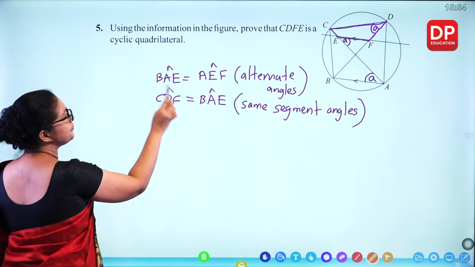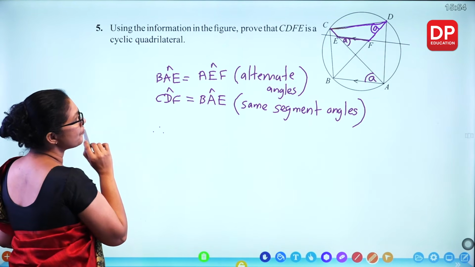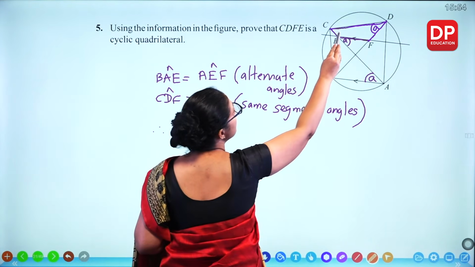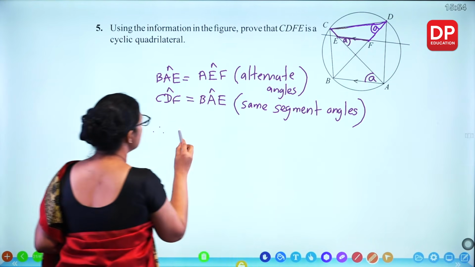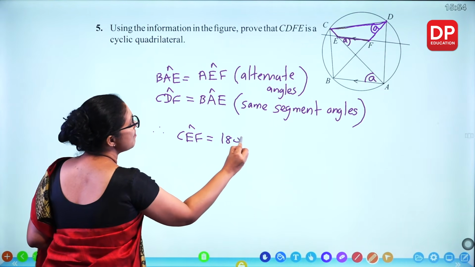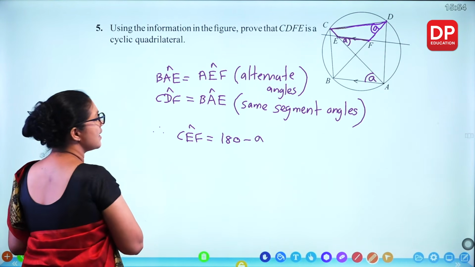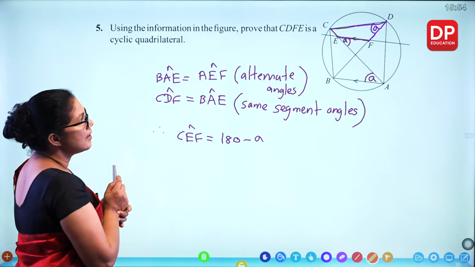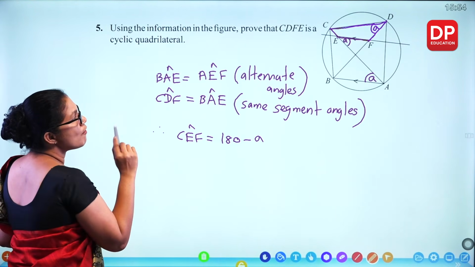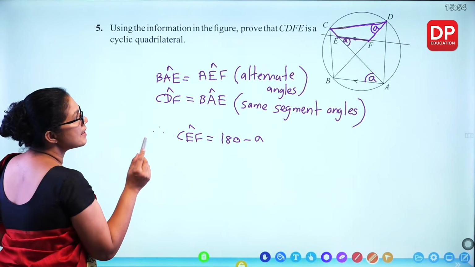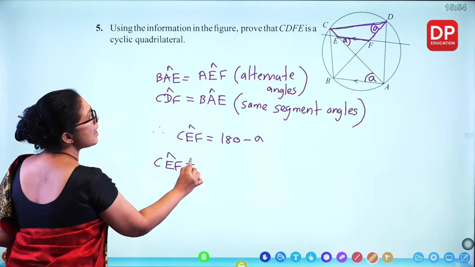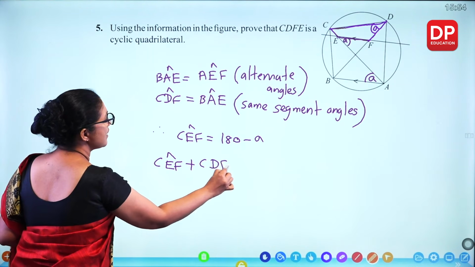Now these two are equal. So therefore, what is this angle? CEF angle is 180 minus A. And D angle is A. So we'll find out the sum of opposite angles, CEF angle plus CDF angle.